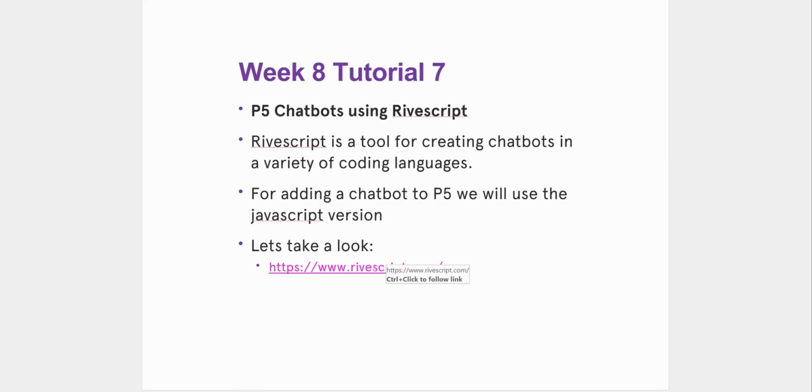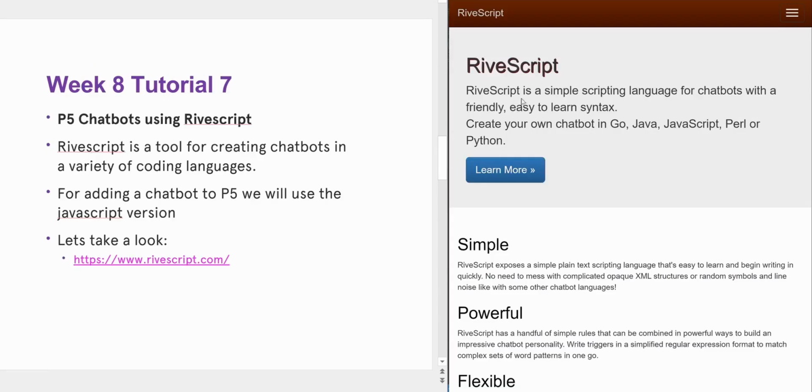All right. So let's start by looking at RiveScript itself. You can see right on their webpage, RiveScript is a simple scripting language for chatbots with a friendly, easy to learn syntax. The syntax is really easy, and you'll see once we start digging into it, the issues have to do with how much control you can have over the outcome with the syntax.